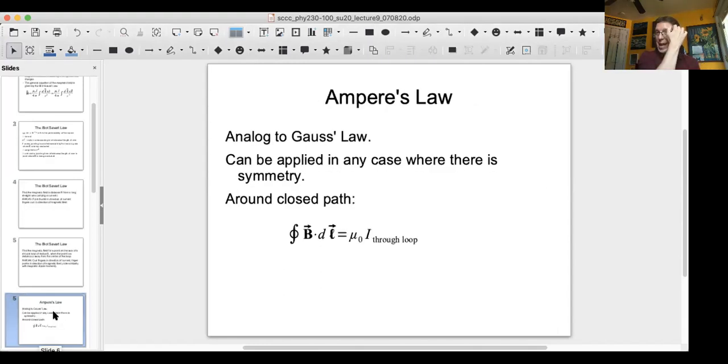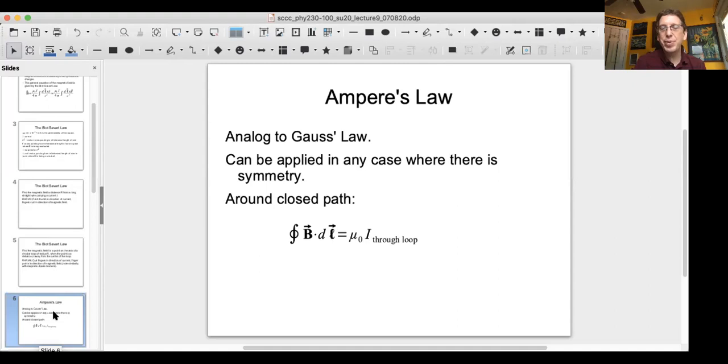So that brings us to Ampere's law. You've seen it the long way. Now we're going to show you the short way. And for a long straight wire, it's very, very easy. We were already able to figure out qualitatively that if you were to draw a circle centered along the wire, the magnitude of the magnetic field would be constant along that circle.